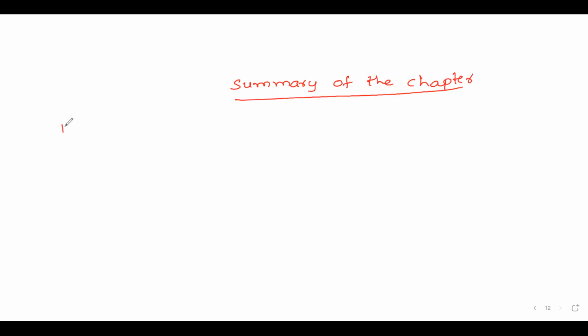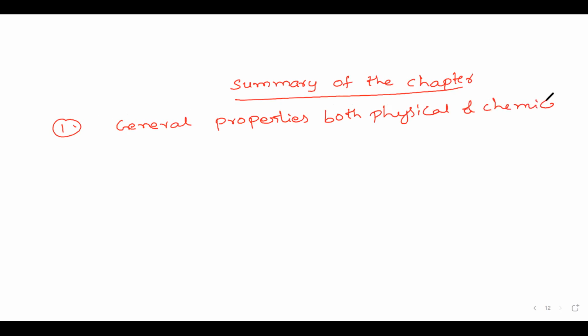First, general properties, both physical and chemical, of alkali and alkaline earth metals. These are very, very important.